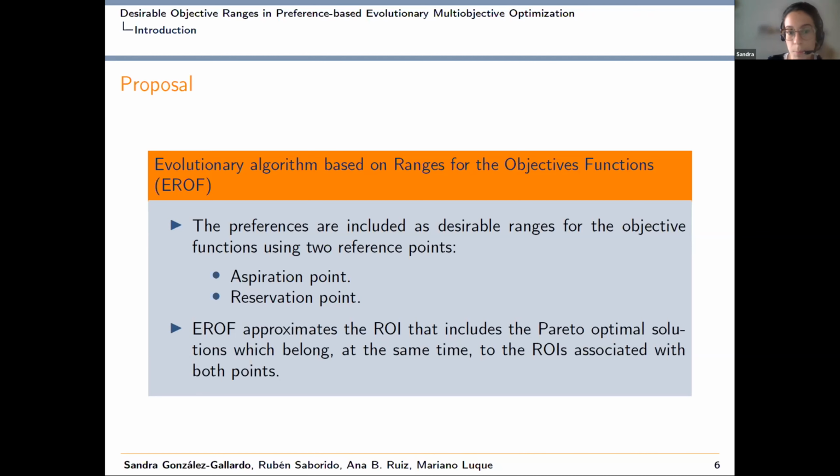In this algorithm, the preferences are included as desirable ranges for the objective functions using 2 reference points. The first of them is an aspiration point, and the second one is a reservation point. The main idea of EROF is to approximate the ROI that includes the Pareto optimal solutions which belong at the same time to the ROIs associated with both points, the aspiration and reservation points.